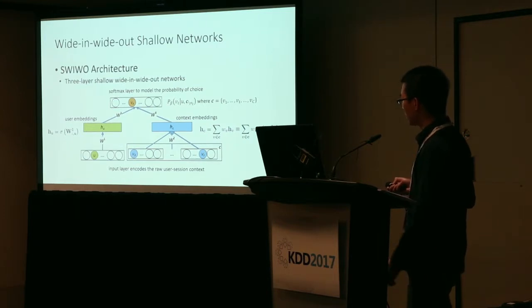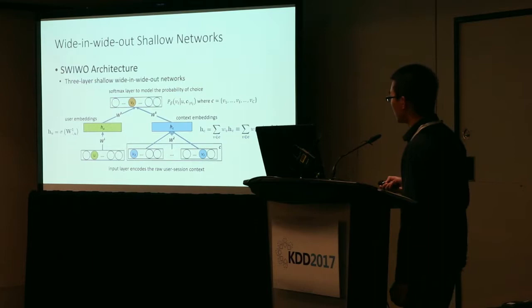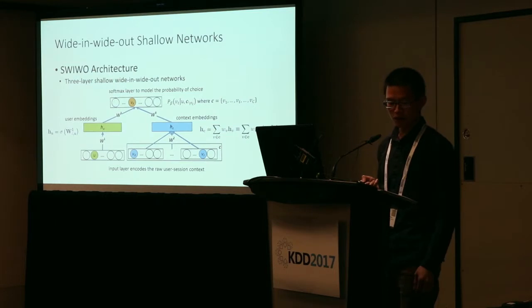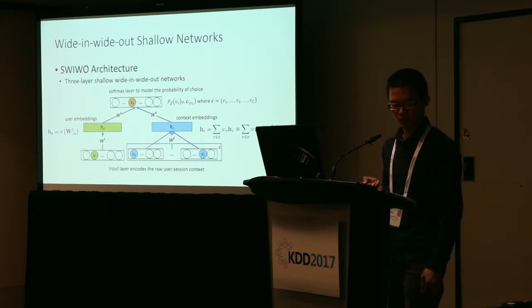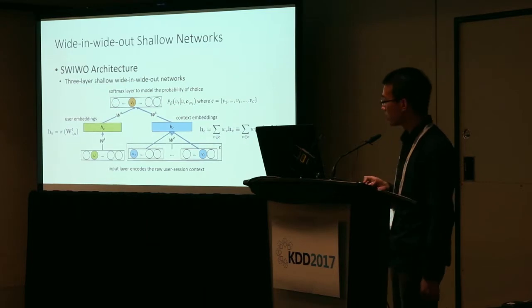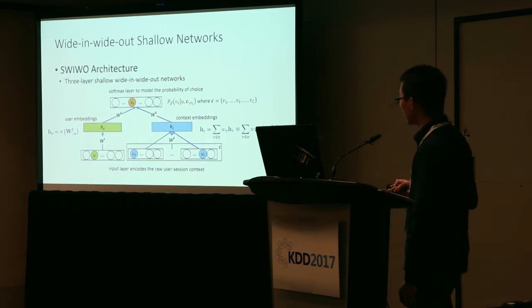After getting the one-hot encoding, we use some sort of sigma function to map this one-hot encoding into the user embeddings. The function we use is a nonlinear logistic mapping. By using such a mapping function, we map the one-hot encoding into a lower-dimensional user embedding.